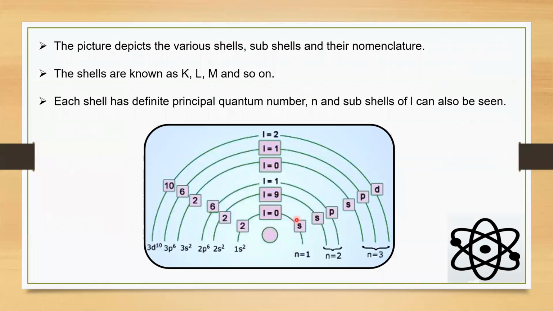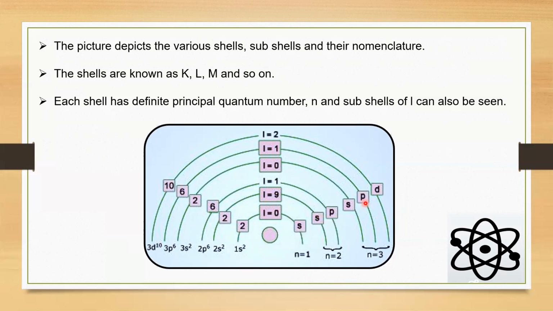Here you can see how it is helpful. For n equals 1, the electronic configuration will be 1s2. This is the electronic configuration we write with the help of the orbitals.